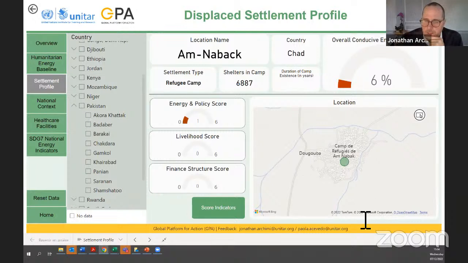There is another question: have we collected any appliances data beyond lighting and cooking, such as radios, refrigerators, households, small businesses? Thank you, another great question. Again, I just remind you, we do not collect data, but we are in contact with GOGLA and we have a sharing agreement with them.